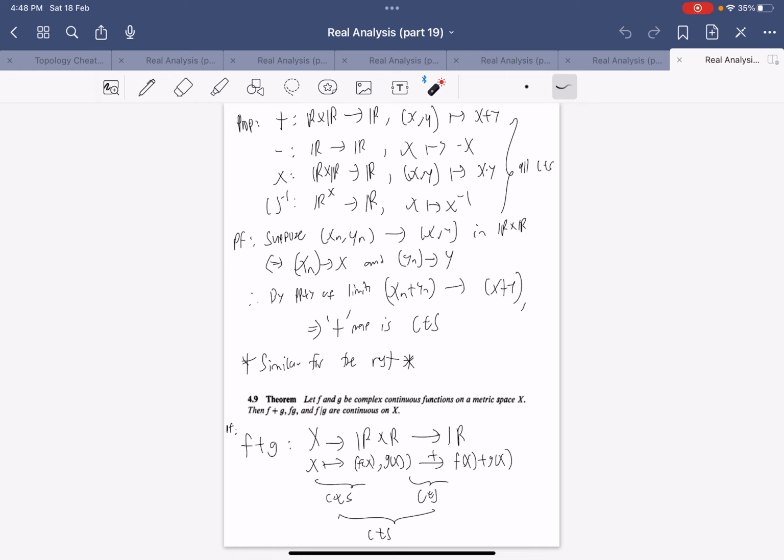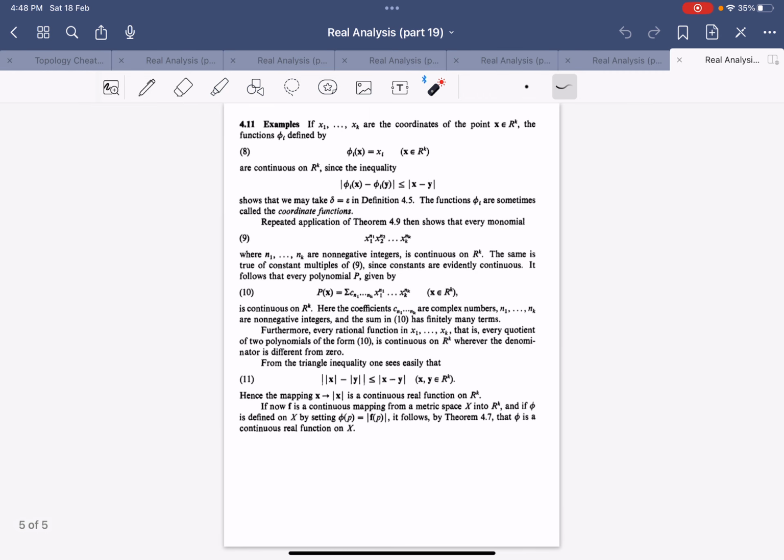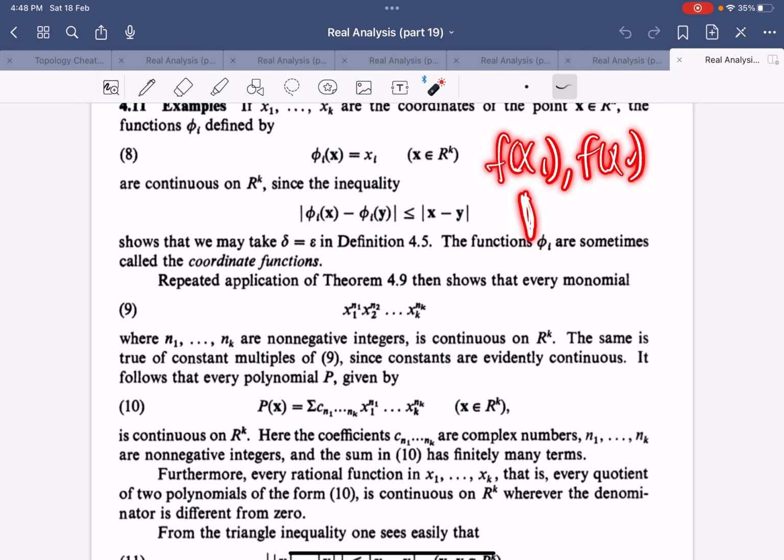And so why should we care about this? It now gives us more examples about what maps are continuous, and this allows us to prove that monomials are continuous. We already know x_i is continuous, so the coordinate is like how f(x1), f(x2) is continuous.